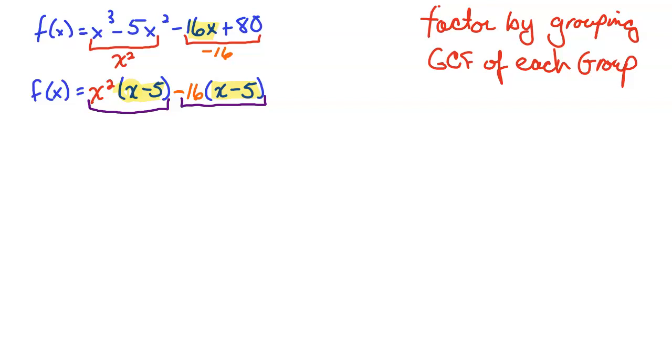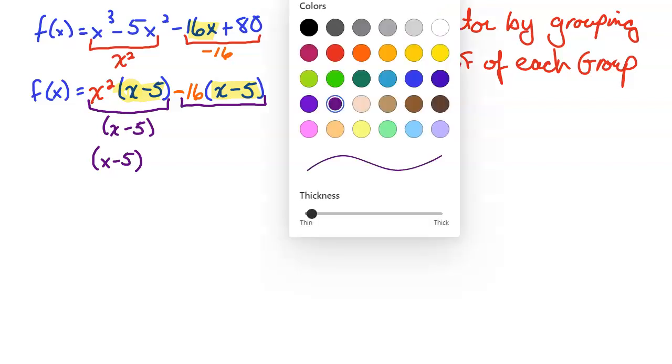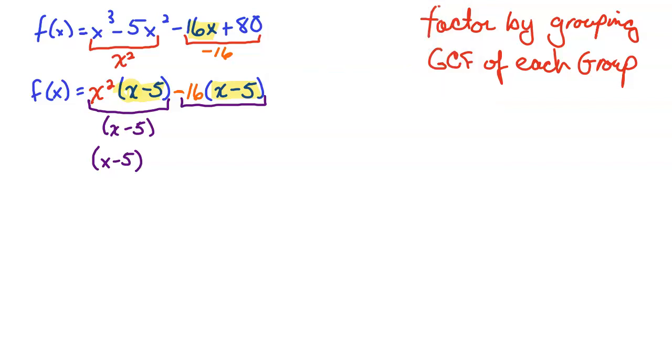Well, the thing that's common between these 2 terms is this factor of x minus 5. So I'm going to factor out an x minus 5 from both of these terms, and I will be left with that x squared minus 16.